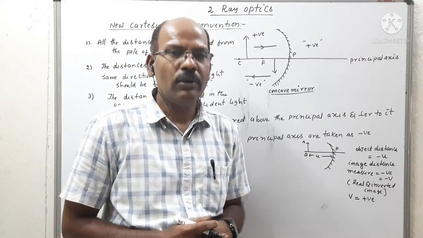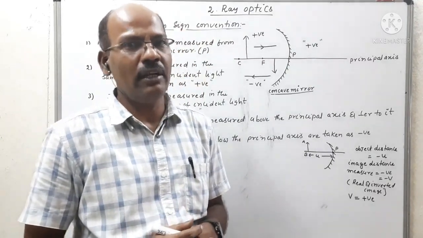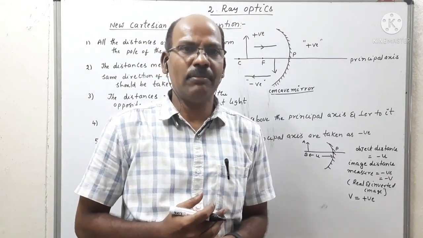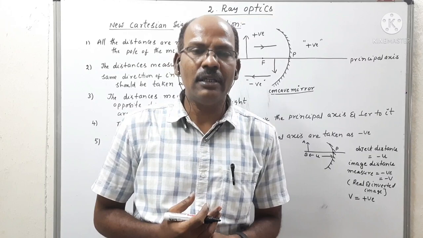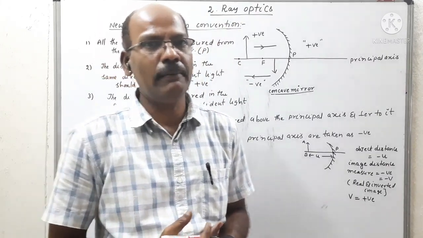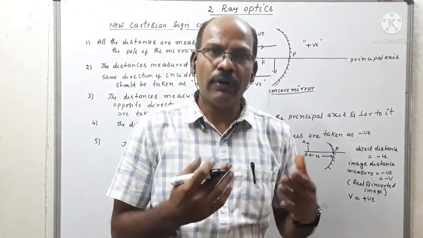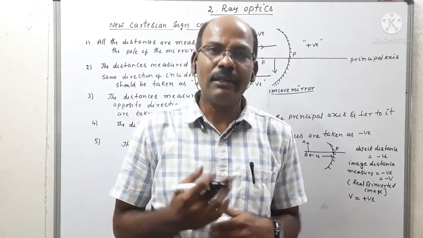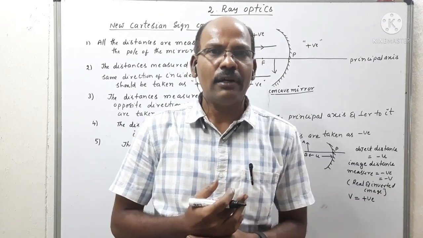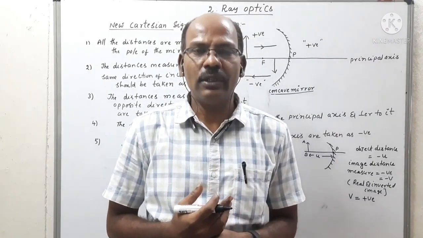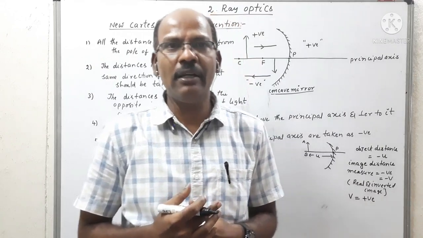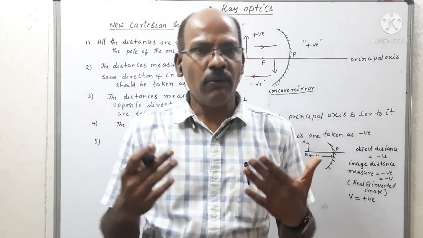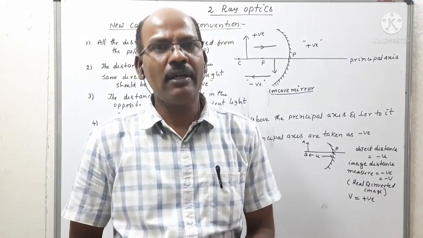Clear? Now we derive the important relation which is very important for public examination, that is the mirror equation. What is the mirror equation? The relation between focal length, radius of curvature and object distance and image distance is called the mirror equation. So that is mathematically represented as 1 by f is equal to 1 by u plus 1 by v.